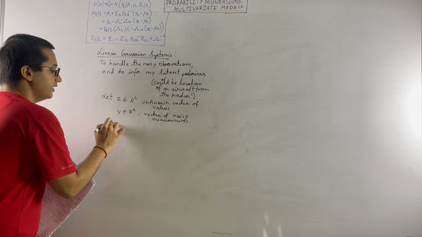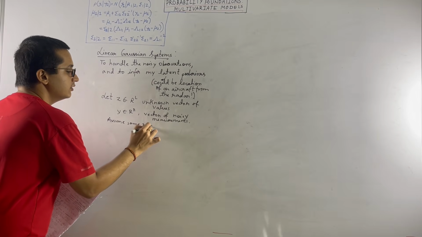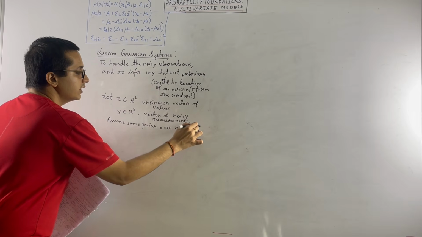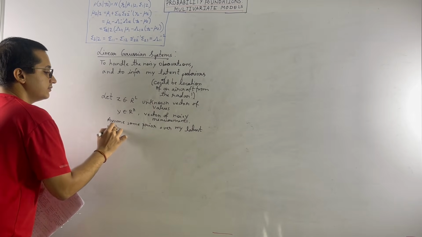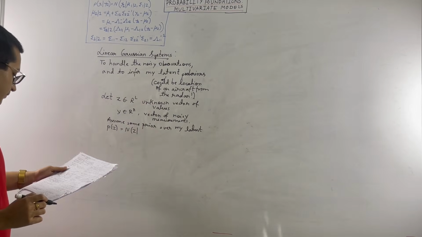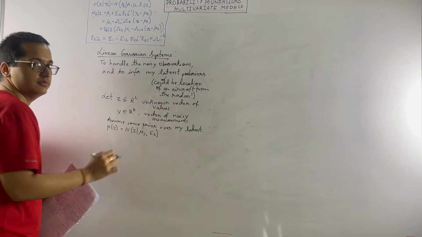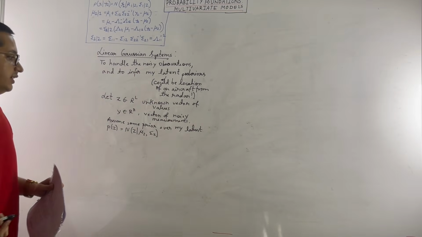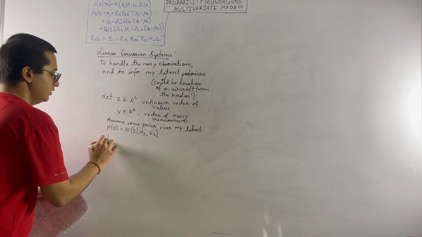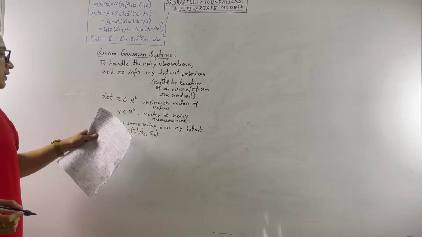I assume some prior over my latent. I call it P of Z. So let us say it's sampled from a normal distribution with some mean mu Z and variance sigma Z. Some prior we are assuming. And I get some observations based on my latent assumption.